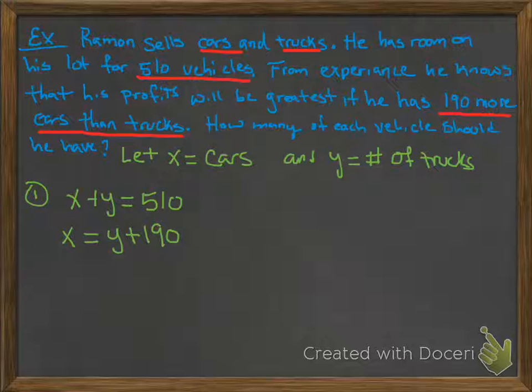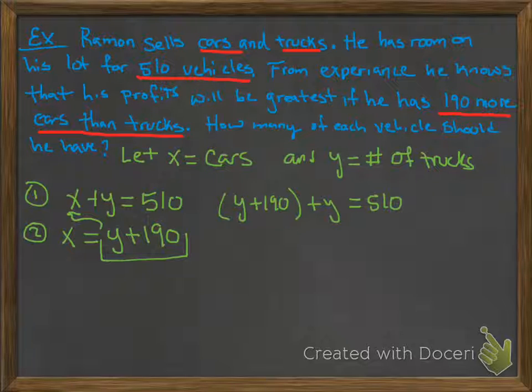Now I could use either substitution or elimination. In this case let's use substitution. I'm going to take this piece right here and substitute it in for x. So I end up with y plus 190 plus y is equal to 510. 2y plus 190 is equal to 510. 2y is equal to 320. y is equal to 160.